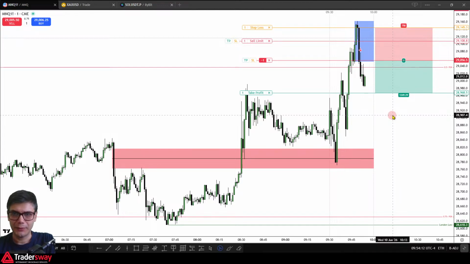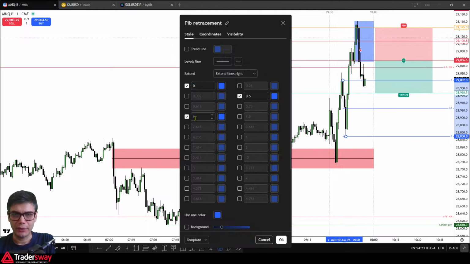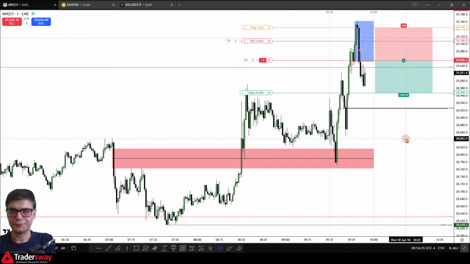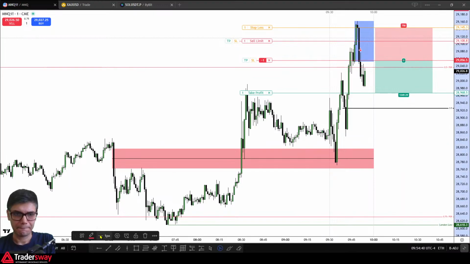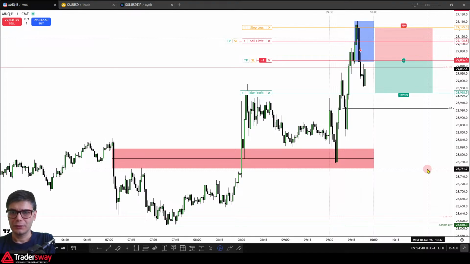Now I have a chain of bearish candles. The price should not have much of an issue getting to 50% of that range. All right. My entry should have been here.